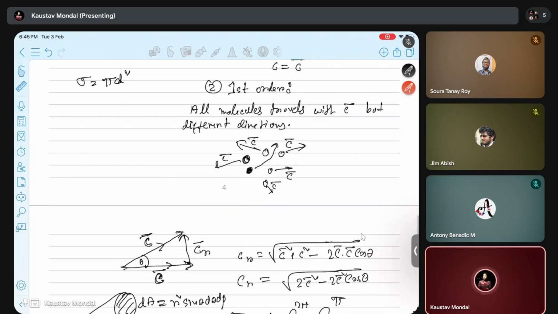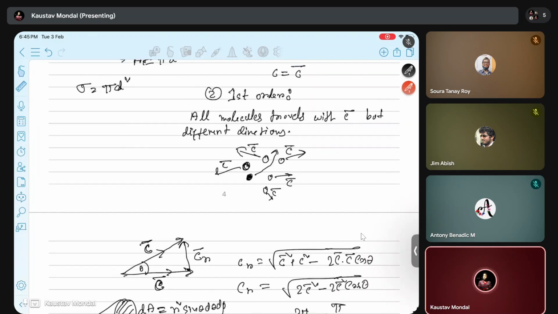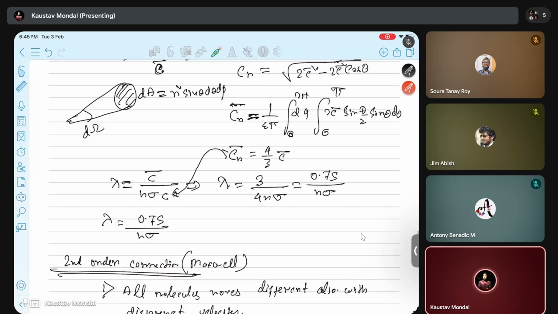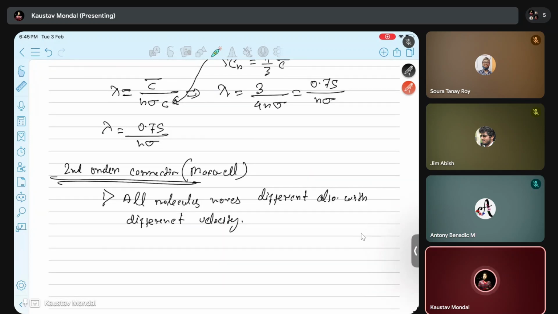Previously the velocity with which all molecules are moving was fixed, that is c bar, but what Maxwell has prescribed is much more realistic. So it also moves in different directions, and also with different velocities.